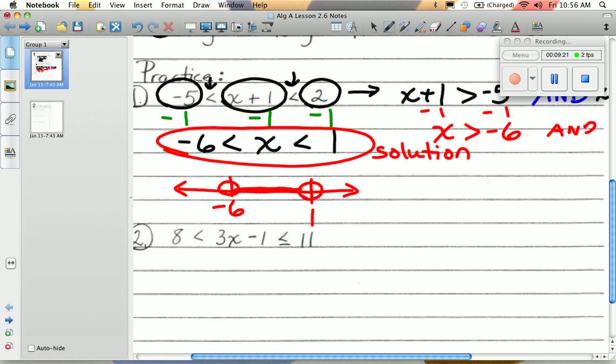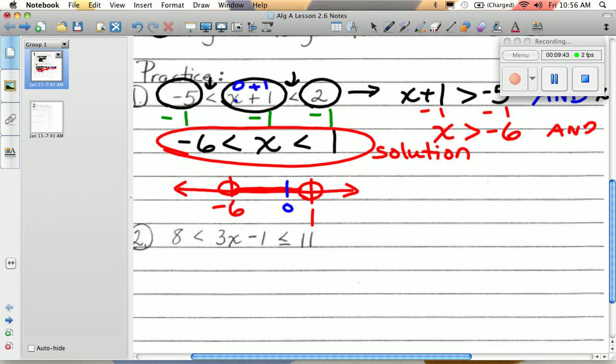Okay, so let's check out a point. Can somebody tell me a number that does lie between -6 and 1? 0. Okay, 0's in here. It's probably about right here. Okay, let's check that out. If we put 0 in here, we would have 0 plus 1.